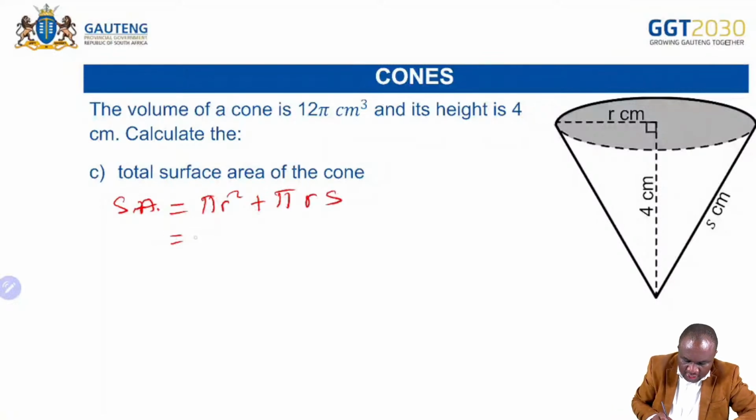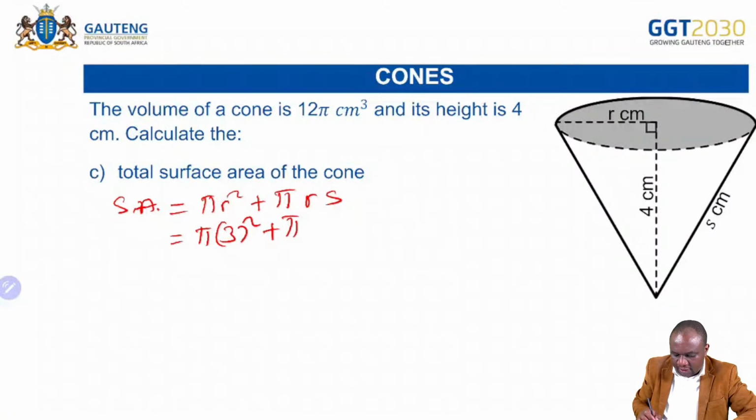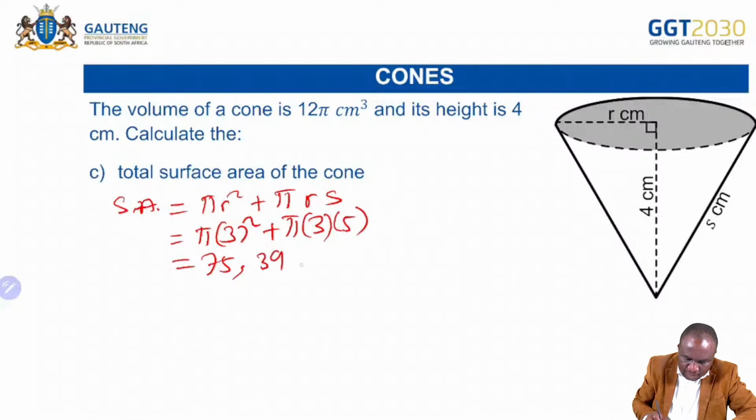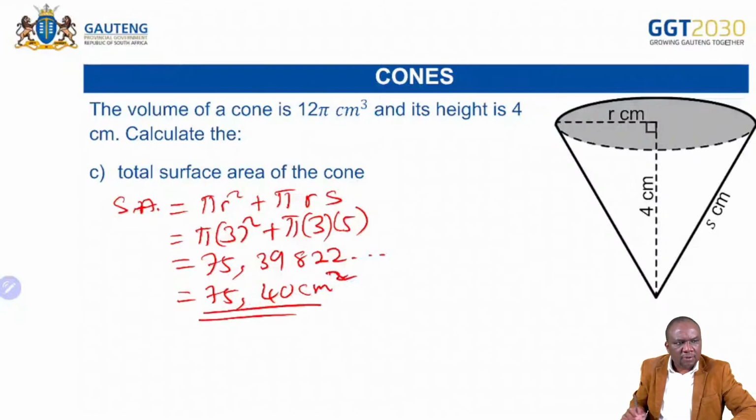So it becomes pi times 3 squared plus pi times 3 times 5. Then just put this in the calculator. You get 75.39822, it goes on like that. To 2 decimal places, 75.40 square centimeters. That's your answer there.